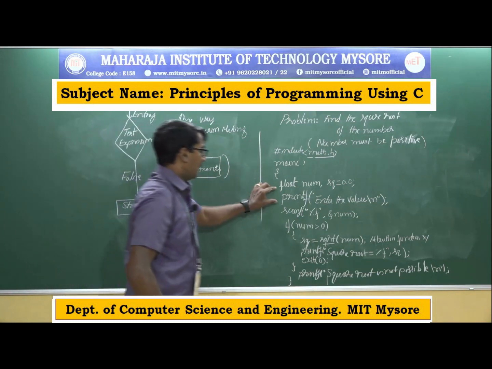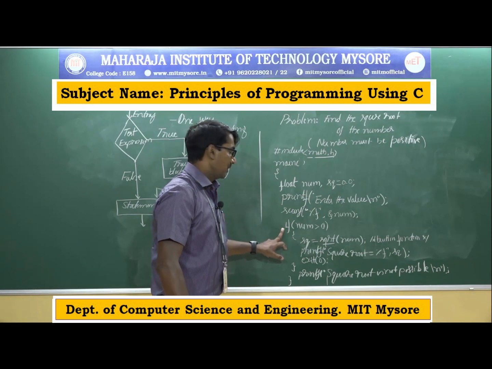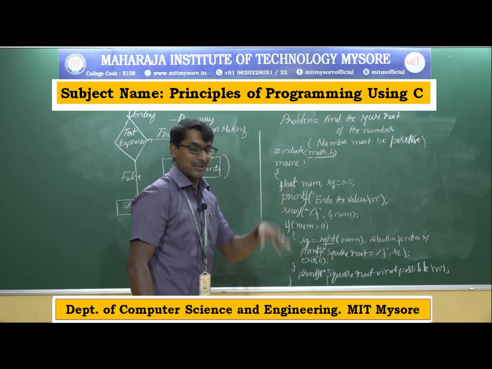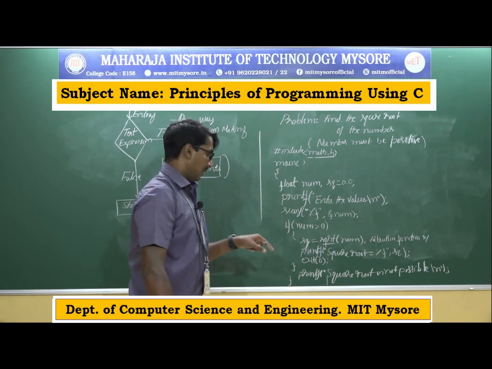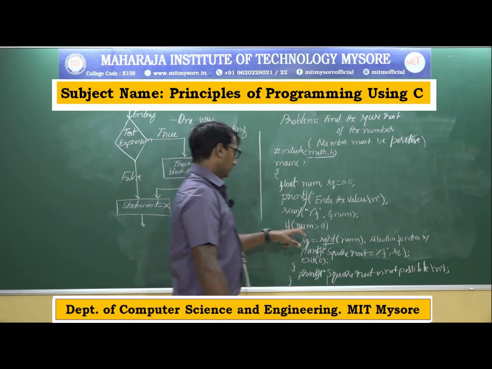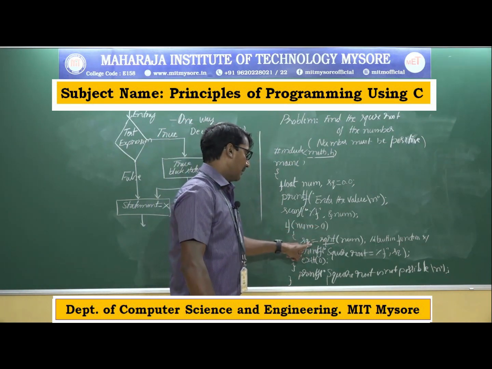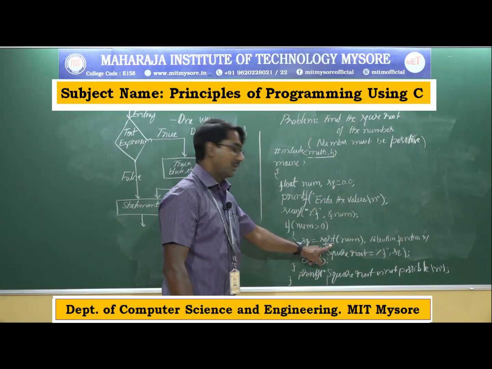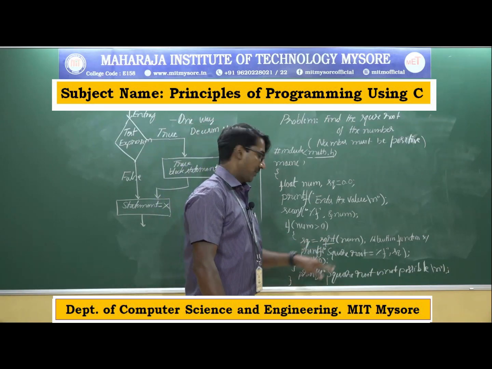Here I will read the floating point value, then check whether the value is greater than 0. Greater than 0 means the number is positive. If the number is negative, the value will be less than 0. If the number is greater than 0, it will calculate the square root using the built-in function sqrt.